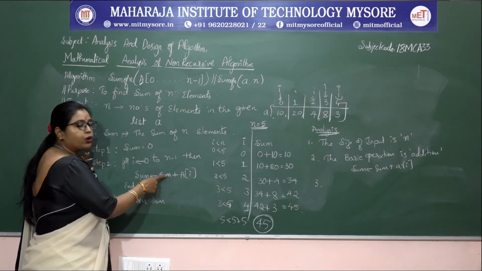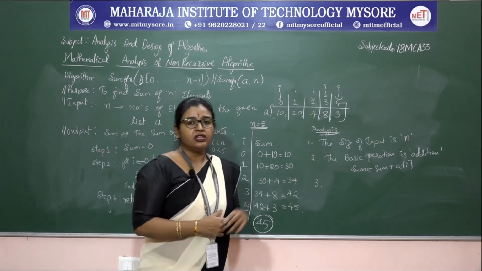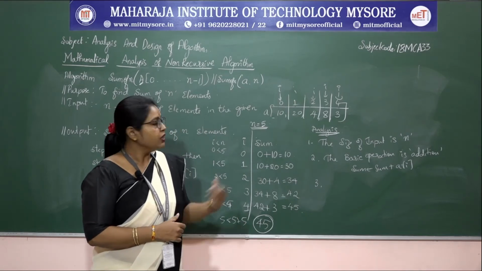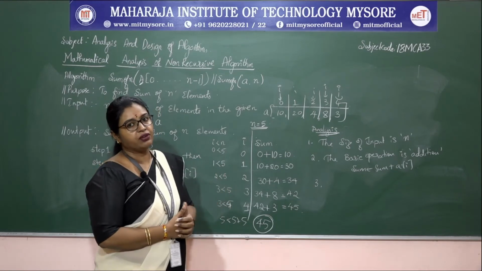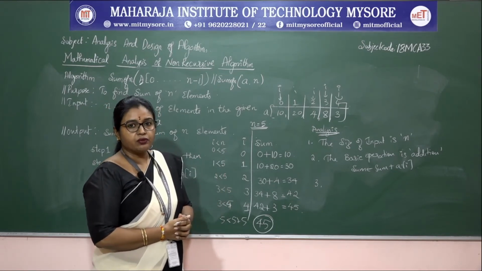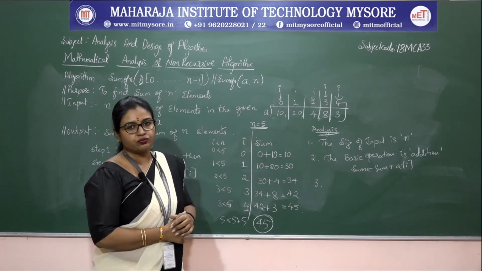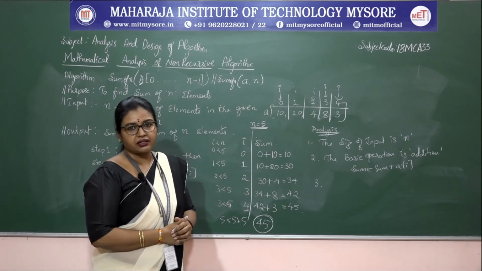Therefore, for the sum of n algorithm, how many times will the basic operation work? Definitely it is based on the size of the input. Here we don't have any extra factor.